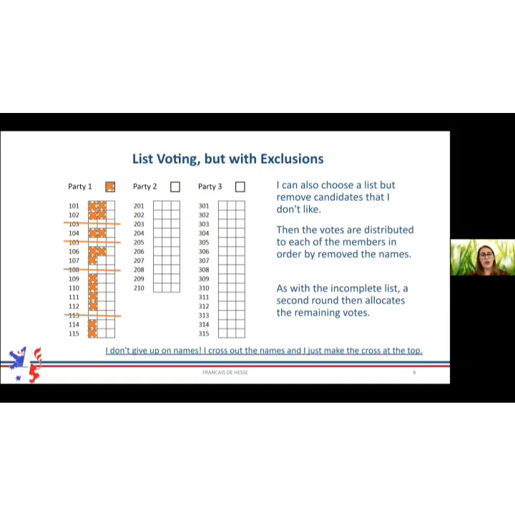So now you can also vote for a list, but maybe there are some candidates you totally dislike for whatever reason. What you can do is put the check on the party box, party 1, but cross out, erasing some candidates. In this example, 103, 105, 108, 113, and these will not get any votes at all.